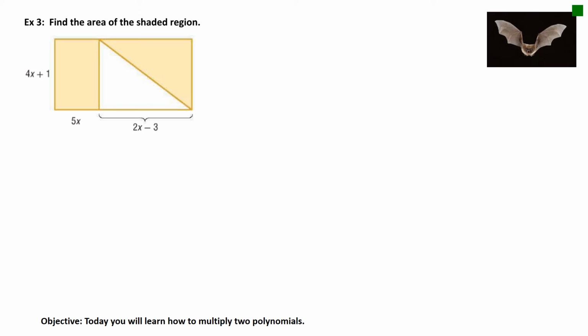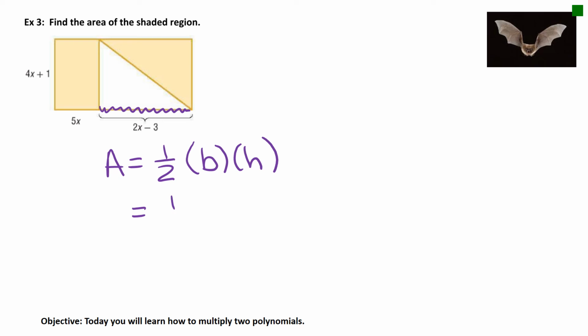Oh my goodness, find the area of the shaded region. Well, the shaded region is a triangle, right? And the formula for the area of a triangle is 1/2 times the base times the height. This is the base right here. The base then, so I'm going to fill in 1/2.